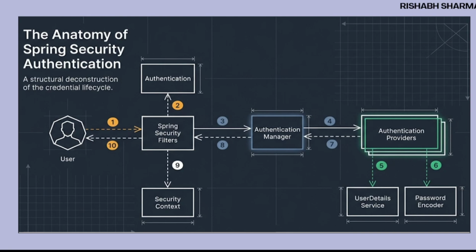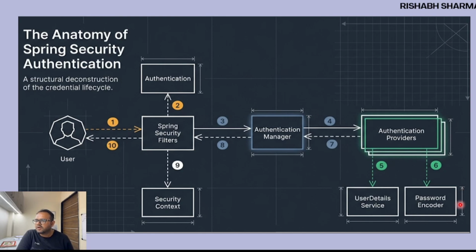If your password matches, good; if it does not match, an exception is thrown. So if we take the happy case, if authentication succeeds at this stage, a new authentication object is created with authenticated as true.